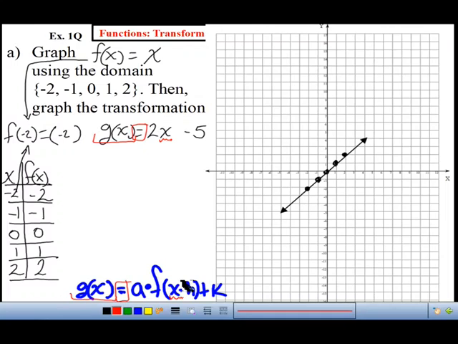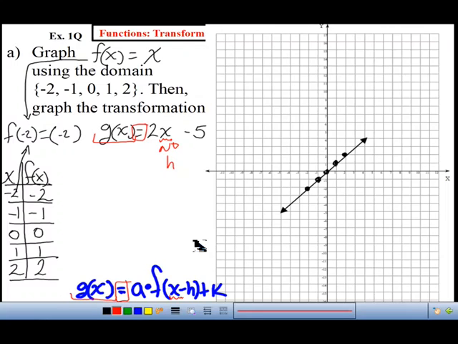You guys notice? Okay, so what that means, pay attention to this part. If there is no parentheses around x on this right side, that means there is no h parameter. Write that down, please. There is no h parameter.